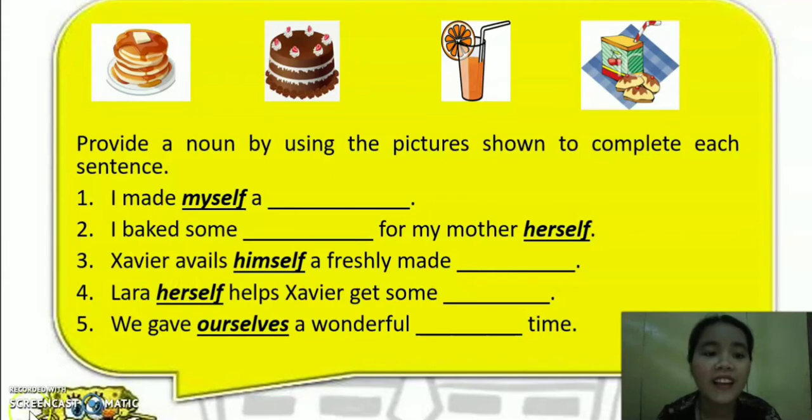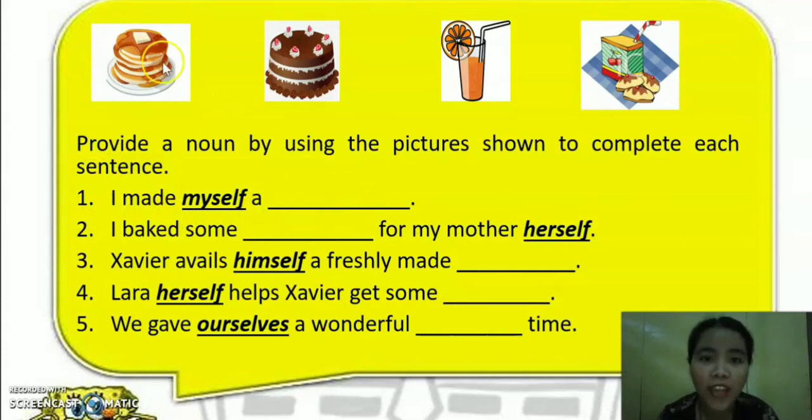The thing that you should do here is provide a noun by using the pictures shown to complete each sentence. So you will use these pictures, the nouns that I gave you earlier, okay? So the first sentence, I made myself a blank.